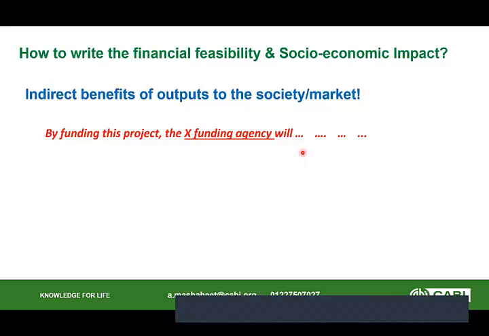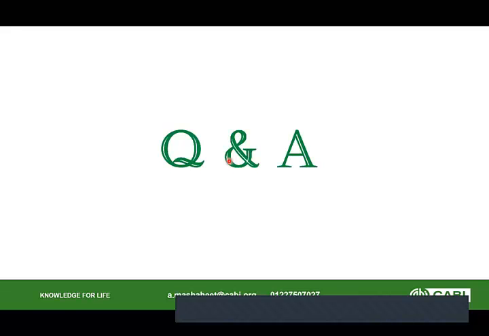This is one of the keywords that the reviewers will look for when they try to check that mark for the benefits, the indirect benefit, the benefits in general, whether they are direct or indirect. So make sure you include this sentence there as a keyword to guide them.